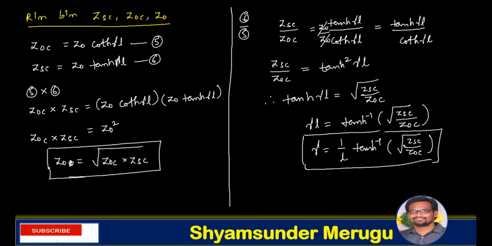That means if we measure ZSC and ZOC, we can also calculate the propagation constant. And if we find the propagation constant, then we can easily find the primary parameters such as R, L, C, and G.